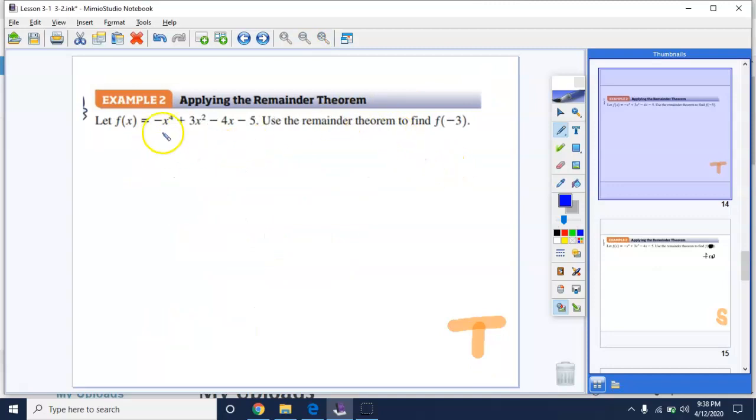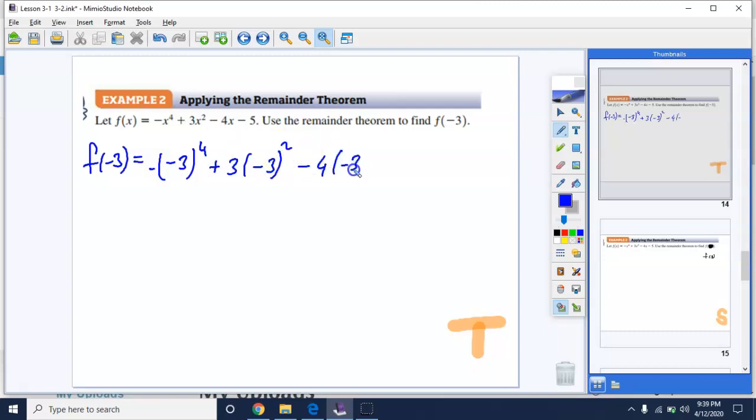And let's say on the same function we want to find f of negative 3. We're just going to plug in back there. That's all we do. f of negative 3 should be negative 3 to the 4th power. Don't forget this negative here. Then negative 3 squared minus 4 times negative 3 minus 5.